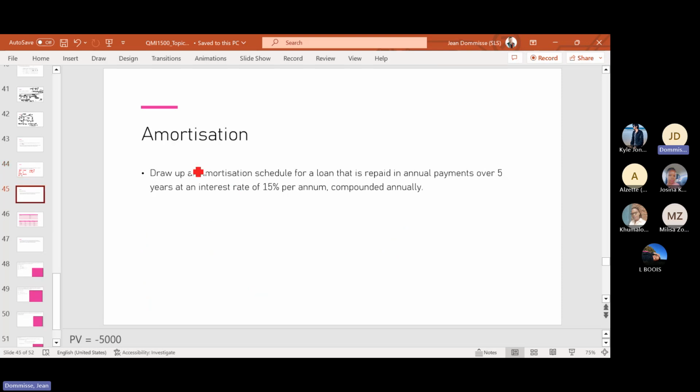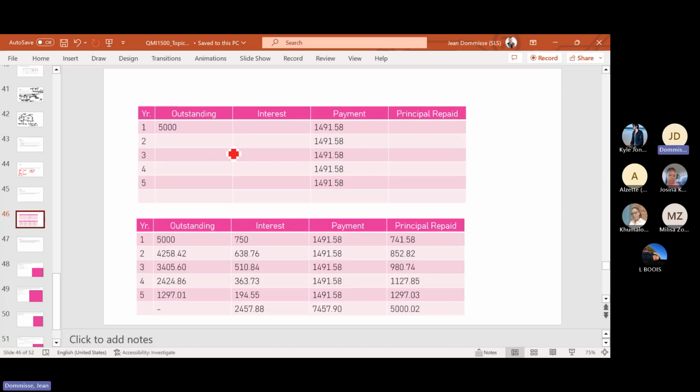And then the other thing that you guys will get in one of the assignments is amortization. But nearly how I like to explain it is there's the payment in the table.